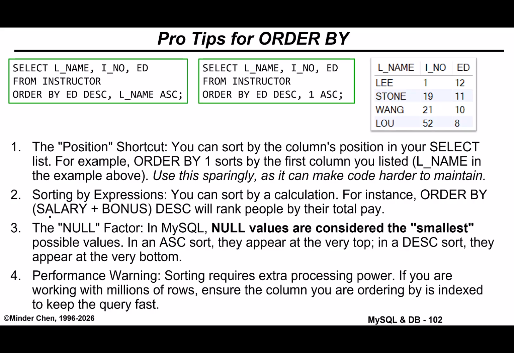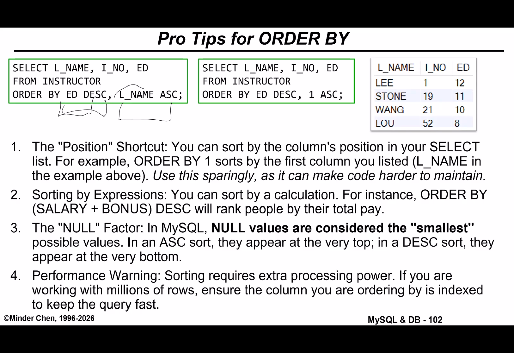You can sort or order by multiple columns, like educational level in descending order, and then by the last name. This means that if there's a tie, if two or more employees have the same educational level, then you break the tie by listing based on their last name in ascending order.